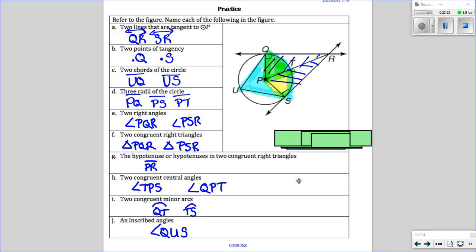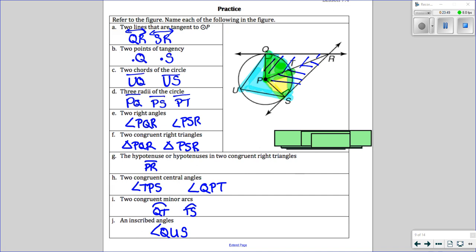So if you know the definitions of what's an inscribed angle, what's a minor arc, what's a central arc, major arc, what's congruent, what's a right triangle, what's a radii, what's a chord, what's tangent. If you know all of that vocab and everything that's dealing with that, then it's easy for you to pick out the stuff in the circle and figure out what's going on. So again, you need to know the vocabulary and their function.